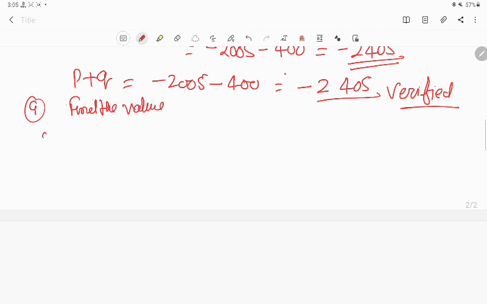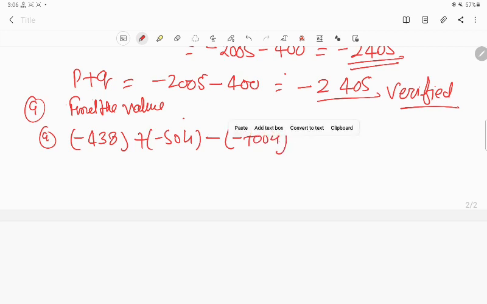value A: minus 438 plus minus 504 minus in curly bracket minus 7004, and here is minus 6062.